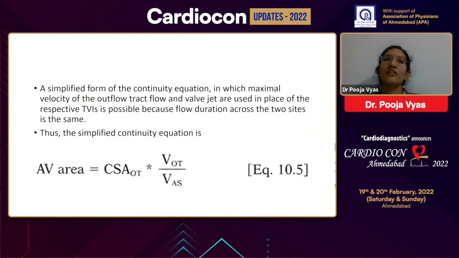And there is even a simplified version of this continuity equation where the TVI has been replaced with the maximum velocity across the LVOT and the maximum velocity across the aortic valve, considering that the flow duration across these two places is the same. So we can even calculate aortic valve area using this formula.